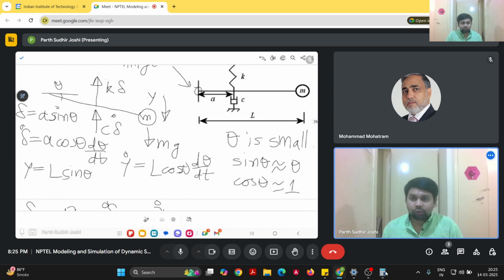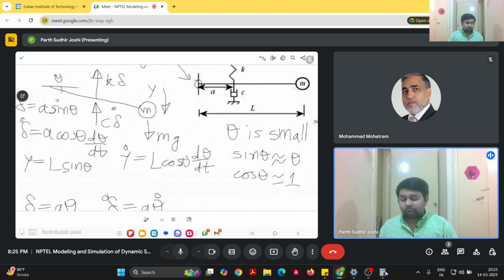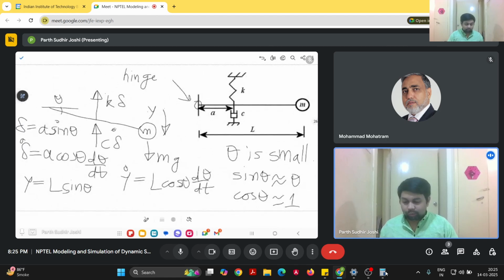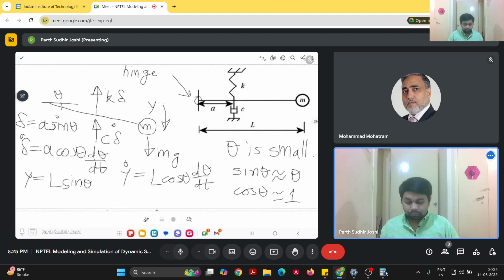If we measure the displacement from the equilibrium position, the static deflection and the weight will just cancel each other. The deflection measured from the equilibrium position will cause the dynamic variations of the spring force and the damping force. So the moment about the hinge will be caused only by the spring force and the damping force.